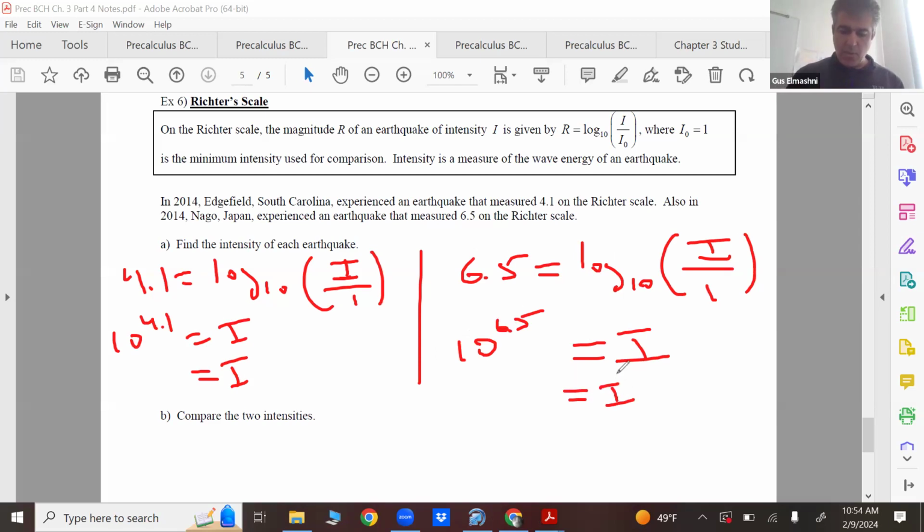So if we do 10 raised to the 4.1 power, that's the intensity. I don't know what the units are for this. But for Japan, it's a 6.5. Yikes. Divide that by the previous one.